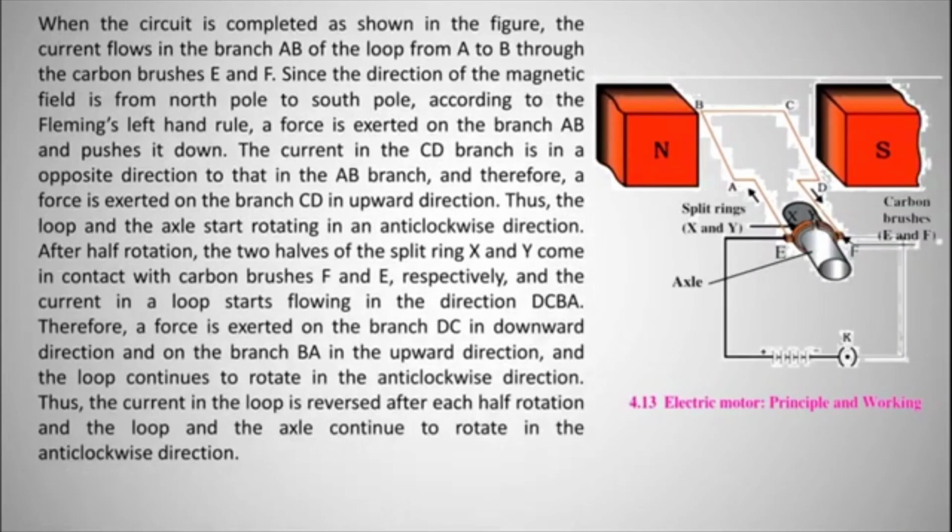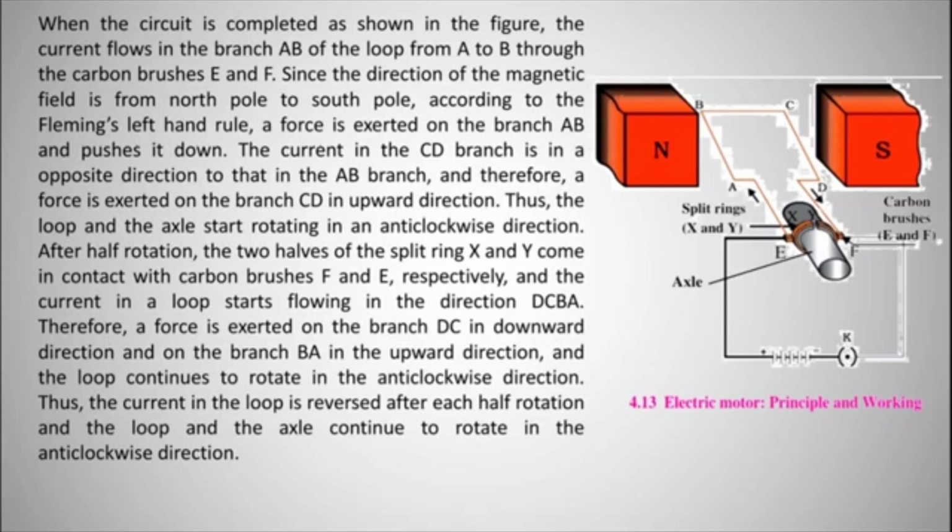The two halves of the ring have resistive coating on their inner surfaces and are tightly fitted on the axle. The two halves of the split ring X and Y have their outer conducting surface in contact with the two stationary carbon brushes E and F respectively.